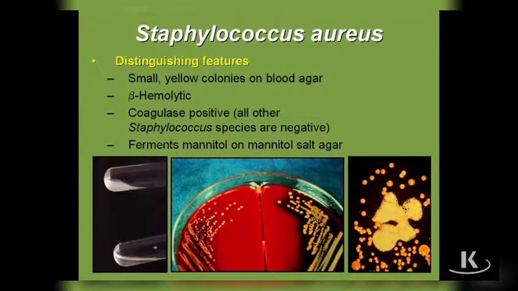So in the first panel on the slide is the coagulase test. And the top panel would be coagulase positive, i.e. positive for Staph aureus. And the bottom tube would be coagulase negative, i.e. not Staph aureus, okay? In the middle, you can see on the right-hand side of this split blood agar plate, you can see that darker zone.